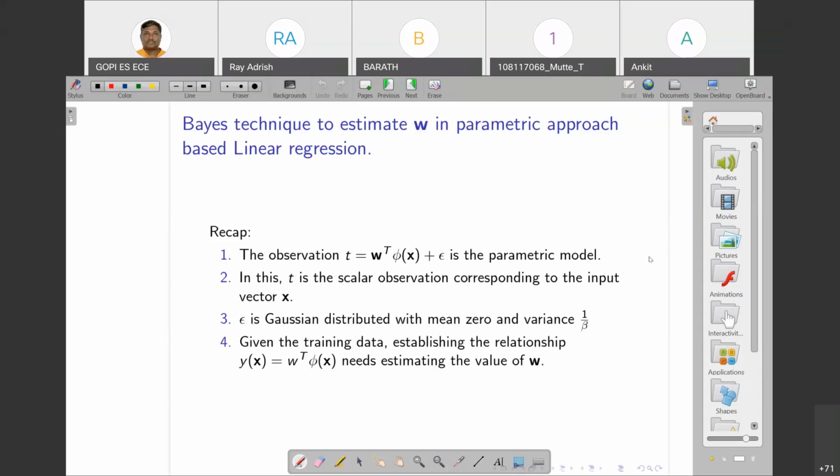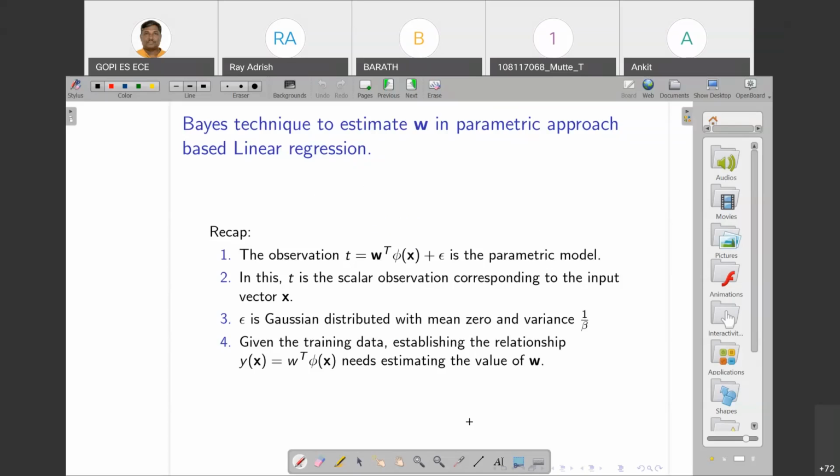linear regression model. So the recap is like this: the observation T is equal to W transpose phi of x plus epsilon. So that is the parametric model we are having. Epsilon is the random variable, which is modeled as Gaussian with mean 0 and variance 1 by beta.